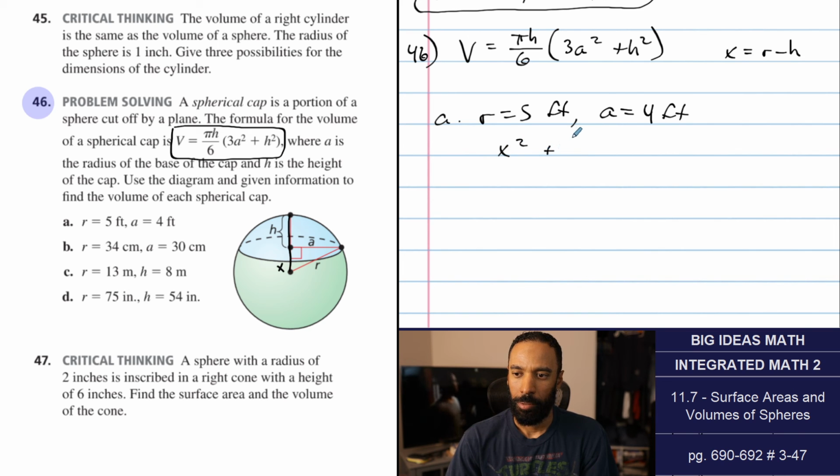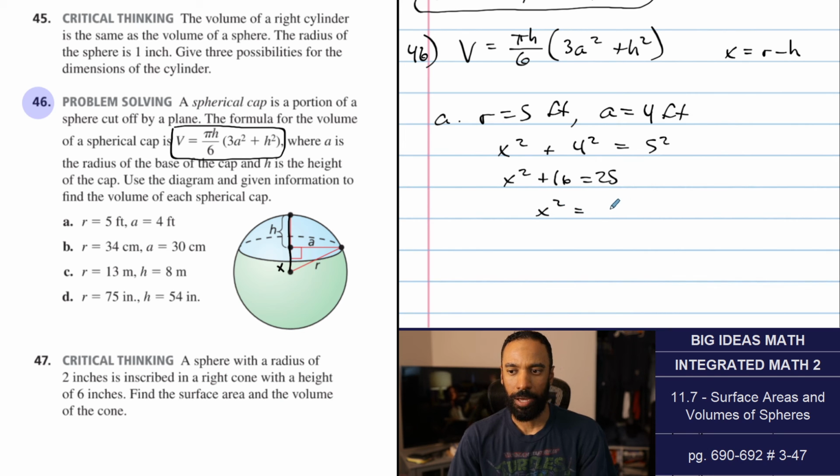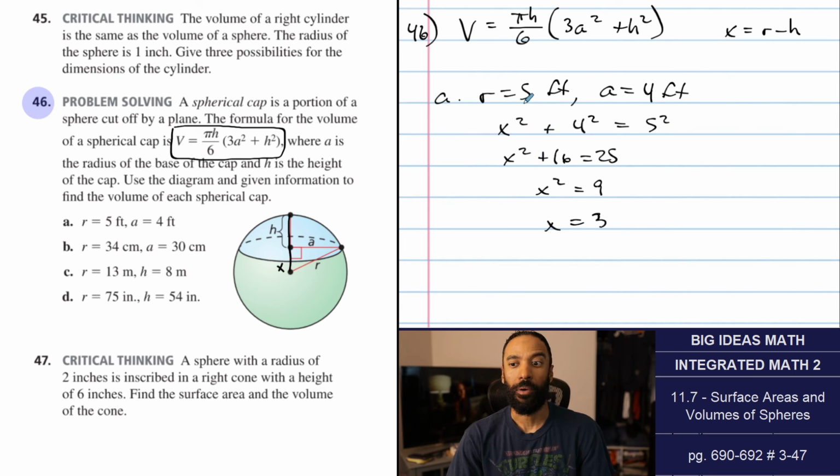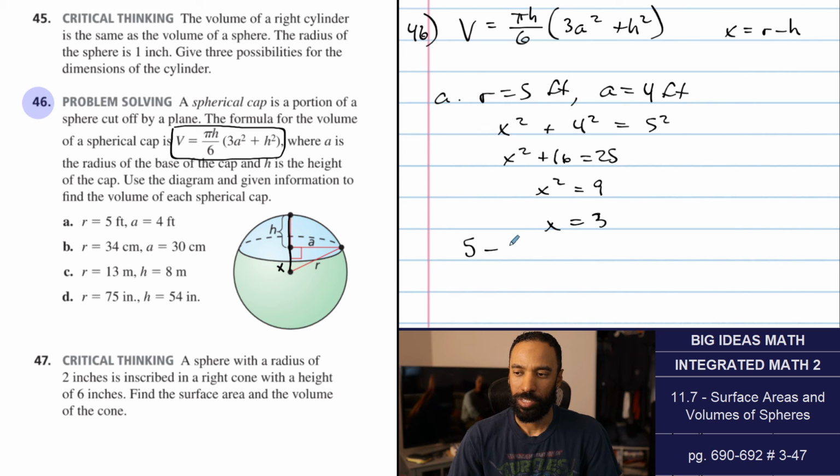X squared plus A squared equals R squared. This is going to be a 3, 4, 5 triangle. And this is going to be 3. So X is 3, as if to say R minus H equals 3. Now, R in my problem is 5. So 5 minus H is 3. Well, H is 2, right? 5 minus what is 3? Your height is 2. So you get a height of 2 feet.